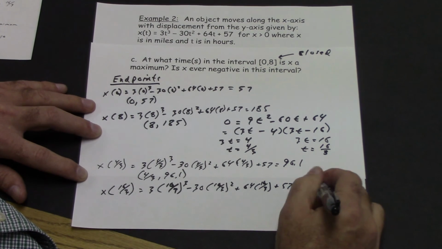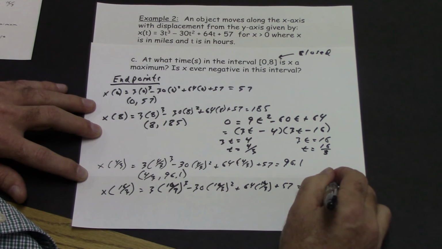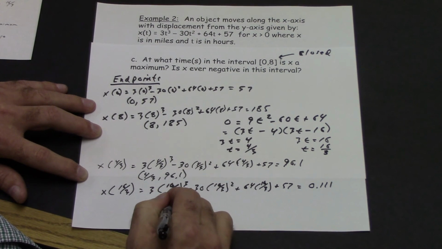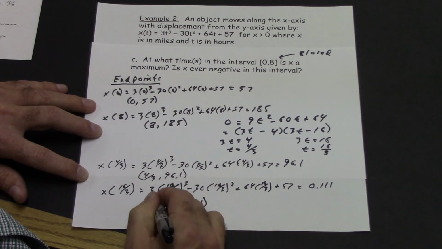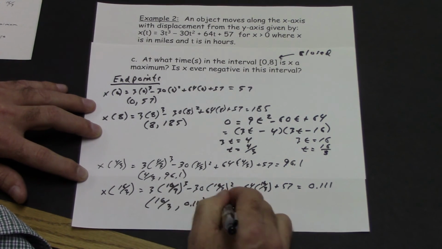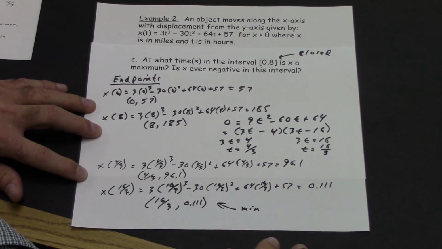Now evaluating this time we get 0.111, right? So that'll be 16/3 and 0.111. Now this would be a minimum value, so that'll be a minimum.